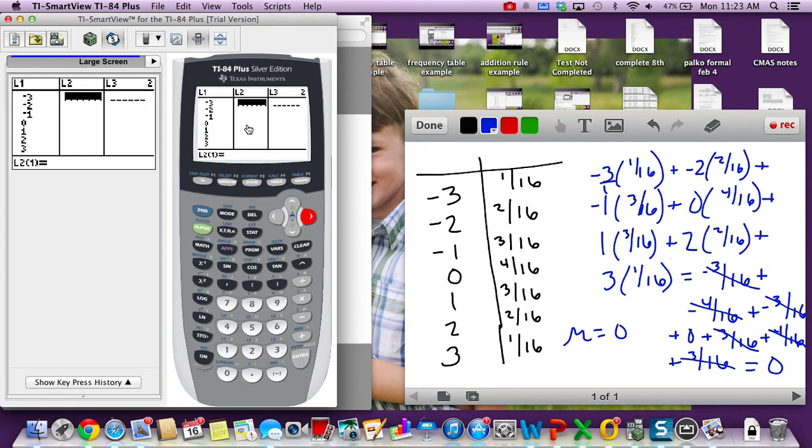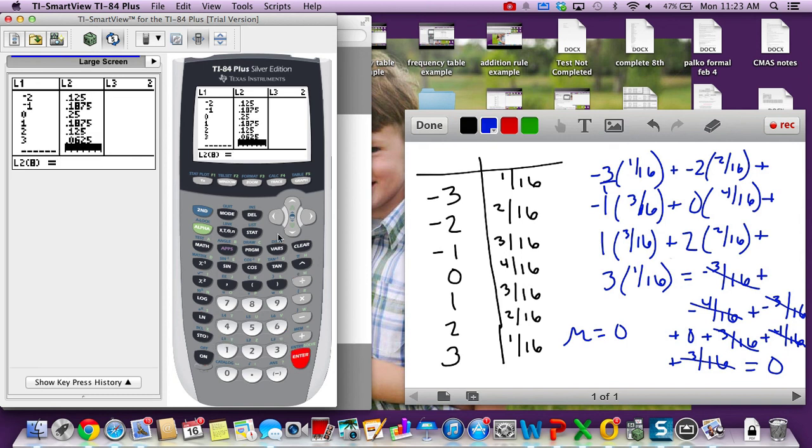Okay, and then I'm going to go over to my list, and this is going to be 1/16. And it will convert it to a decimal for me, which is nice. 2/16, 3/16, 4/16, 3/16, 2/16, and 1/16.